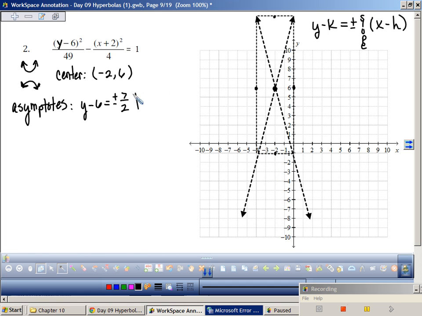Times, what would the x part of this equation be? It's right there for you already. X plus 2. Why do I have a plus or minus in front of this? Because I'm going down and up. This asymptote is going in the positive direction, and that asymptote is going in the negative direction. It looks super complicated, but is it really?